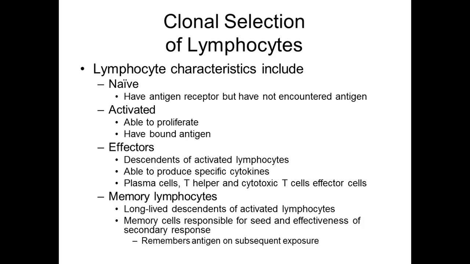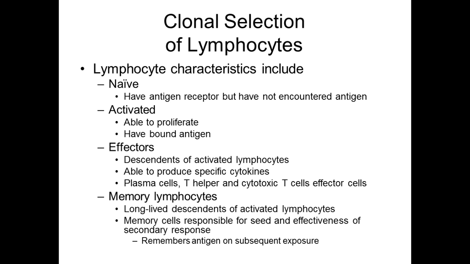So lymphocytes, when they're first born, have an antigen receptor, but they haven't encountered it. They are what we call naive. They don't know that there's a bad guy out there. Once they're activated, once they've encountered antigen, whether it's been presented to them or they come in contact with it, they're going to be able to proliferate.